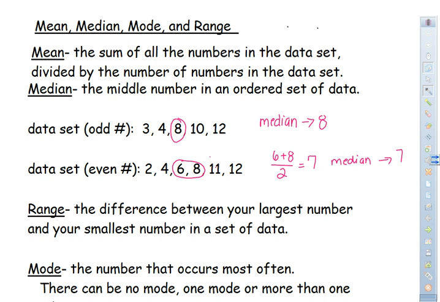And then for that set of data, if there is an odd number, okay, that means we have 5 numbers here. It's an odd set. When you work your way to the middle, you're going to end up with just one number in the middle. That's your answer. On an even set, for example, a set of 6 numbers, you're going to end up with 2 numbers in the middle.